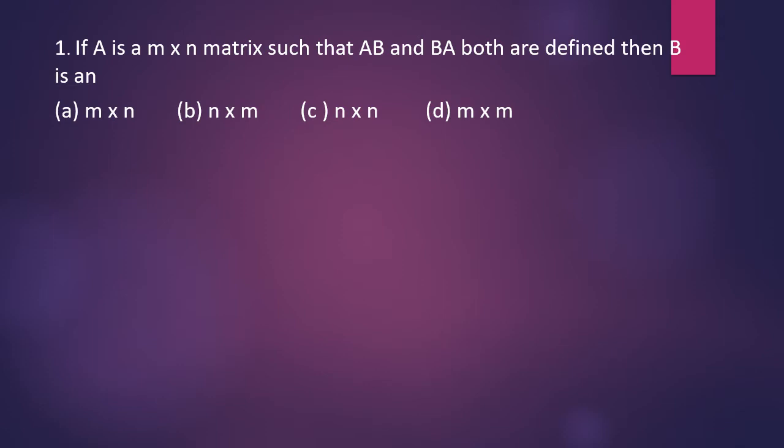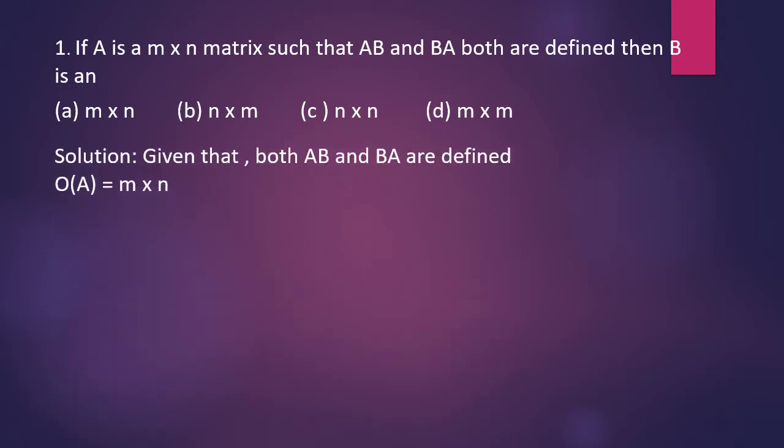Given that both AB and BA are defined and the order of the matrix A is m by n, we know that the product AB exists only when the number of columns of the matrix A is equal to the number of rows of the matrix B. Here A is of order m by n.